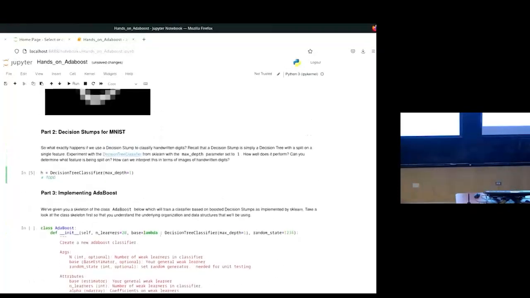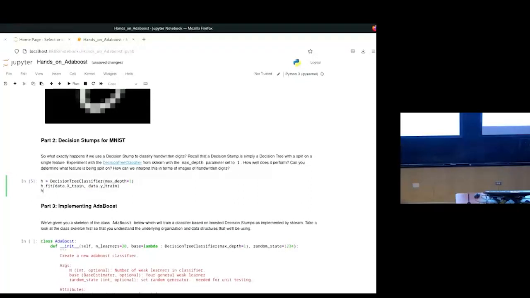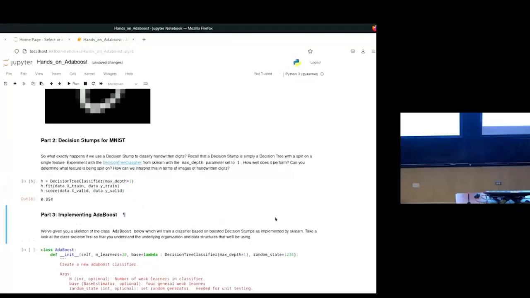And yeah, so in this case, let's just take a decision stump H and let's fit it on our training data and see how it performs on the validation, okay? All right, so you're getting around 85% accuracy, not bad.